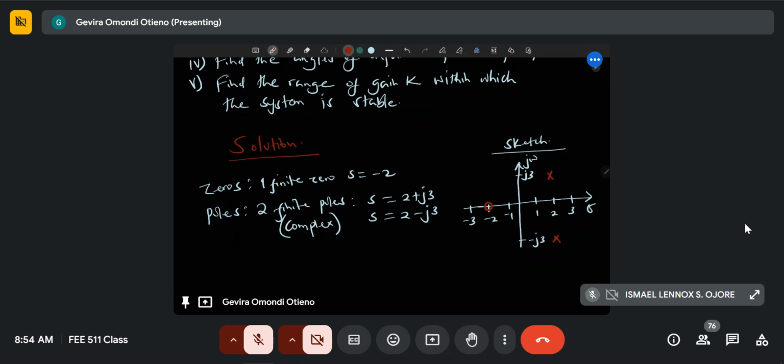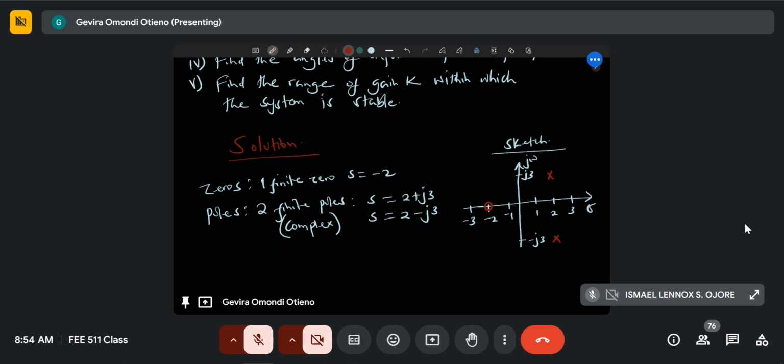Now, we can determine the points on the real axis where the root locus occurs. I think it was rule number 2 or 3. Because we have complex poles here, those we can't determine now.